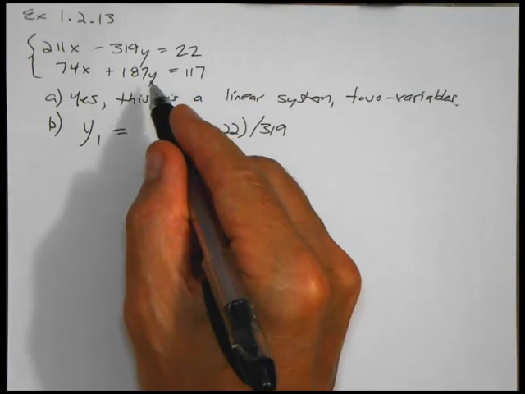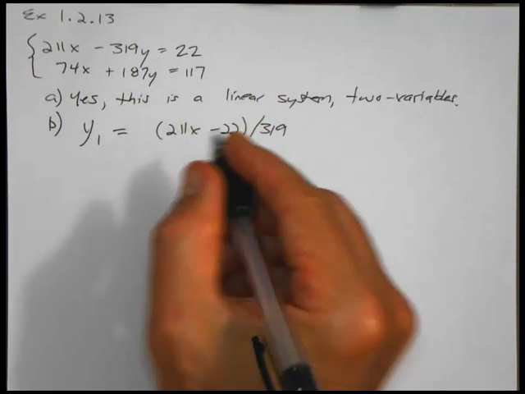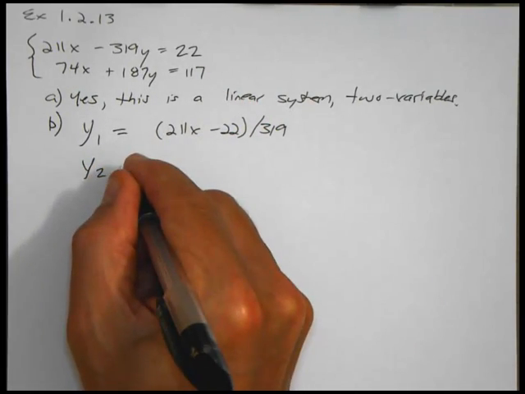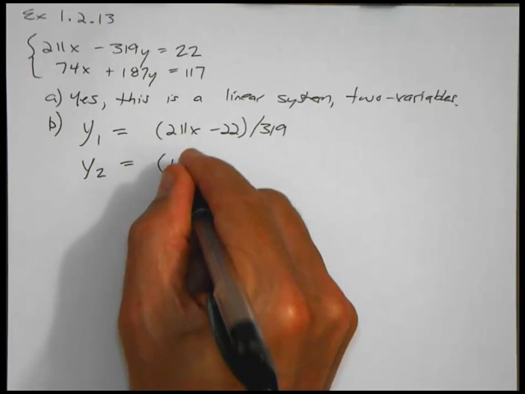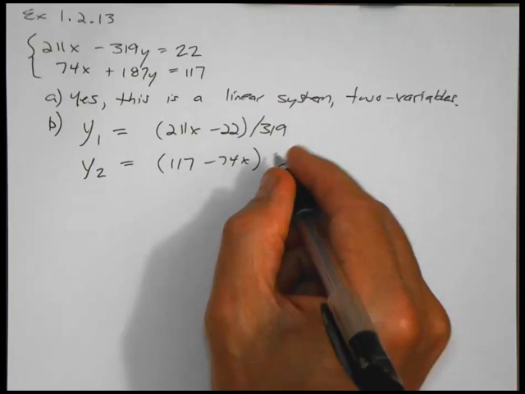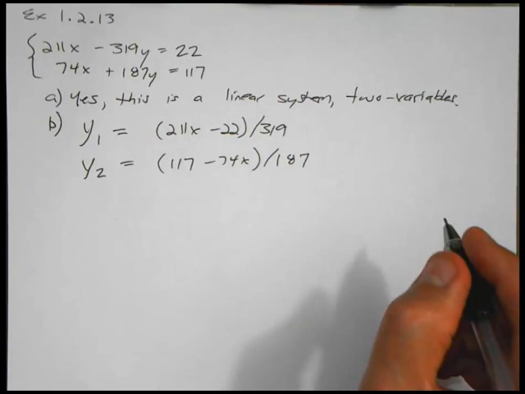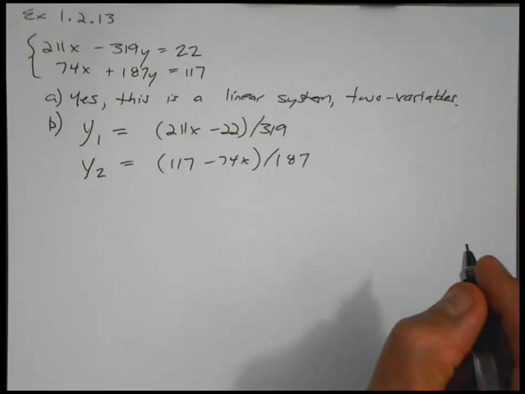Second equation, subtract 74x from both sides, divide both sides by 187. We have y sub 2 equaling 117 minus 74x divided by 187. Alright, we're ready to go to the calculator.